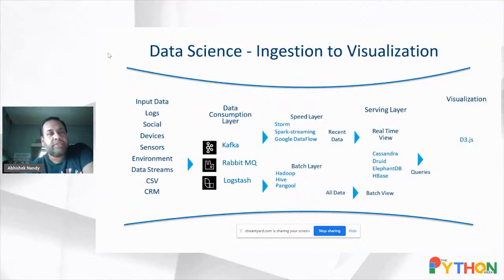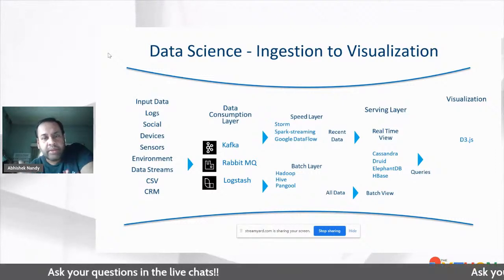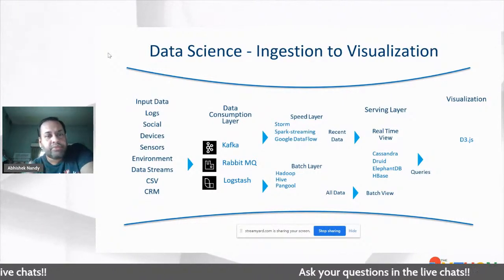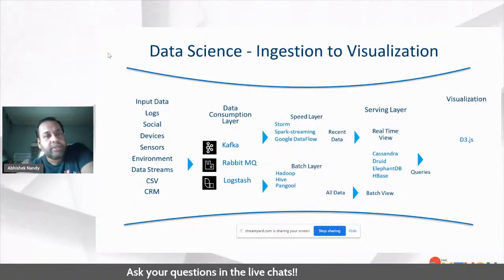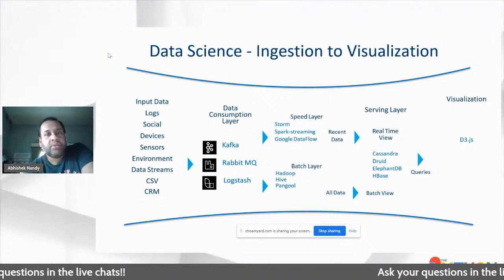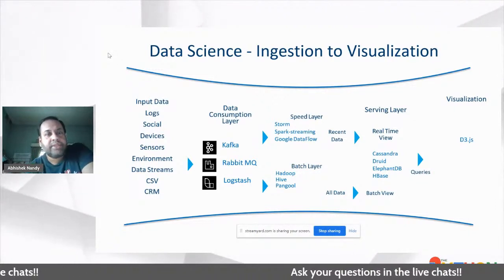Now comes the process of data science, ingestion to visualization. So now what is the factor? We have a lot of information. So if we go about any devices, the key thing that comes to our mind is Internet of Things. Internet of Things carries a lot of information, but this information needs to be transferred in a stream to get what we can say is real time.